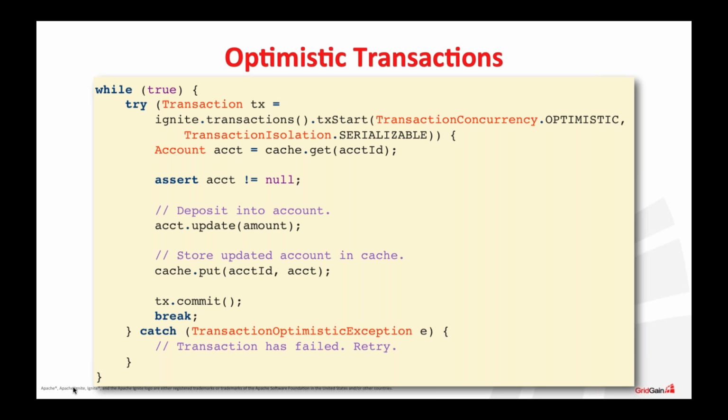And then just after the tx.commit, you'll see that there's a break. So in the event that the transaction committed successfully, that's okay. It will go to the next line, it will break from the loop, and it's been successful. In the event there was some problem, it will retry again, hence the while loop, okay? So it will make another attempt to try this. And again, the code examples later will demonstrate how this actually works.